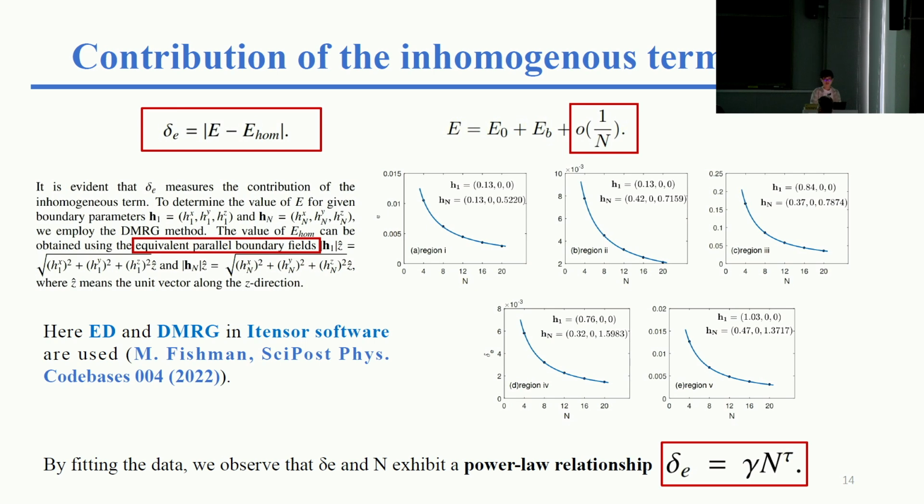We don't need to know the contribution from the next order. So the data show that we don't need to consider the contribution from the inhomogeneous terms. So in the next part, we ignore the inhomogeneous terms. We use the equivalent parallel boundary fields. I should mention that these are equivalent parallel boundary fields, not random parallel.